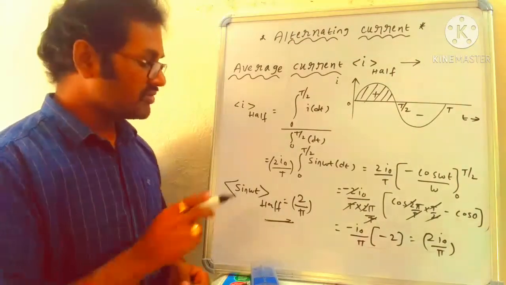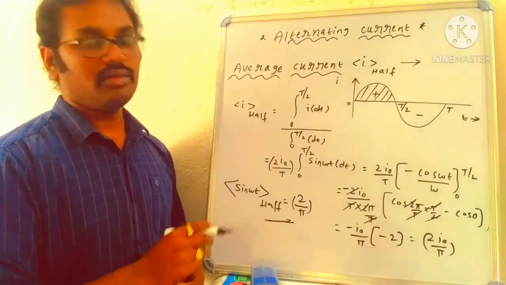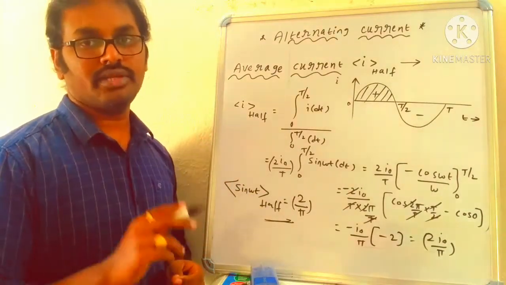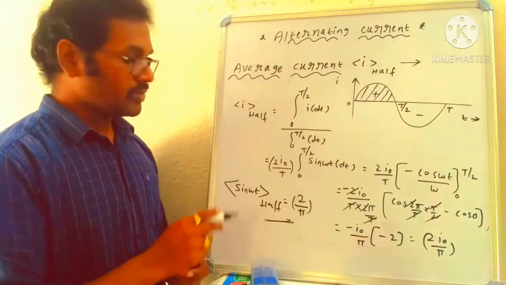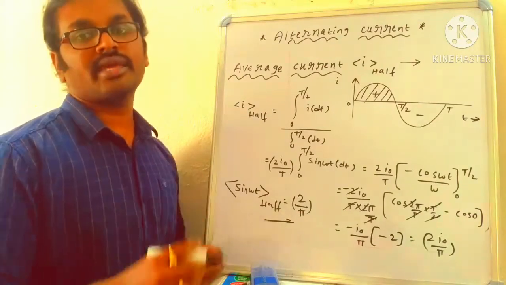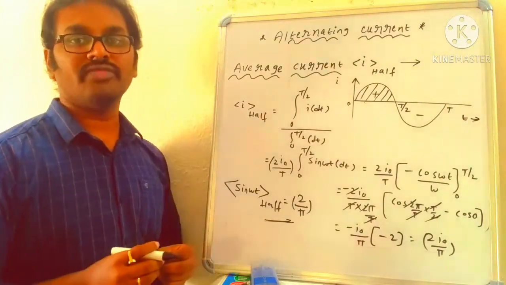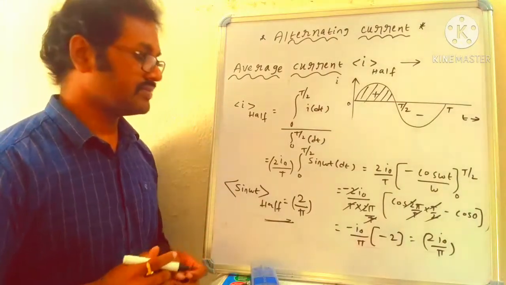The average value of sine omega t for the half cycle is how much? 2 by pi, it is 2 divided by pi. So by keeping these results in your mind, within seconds we can complete the questions related to the average value of the current or the voltage.